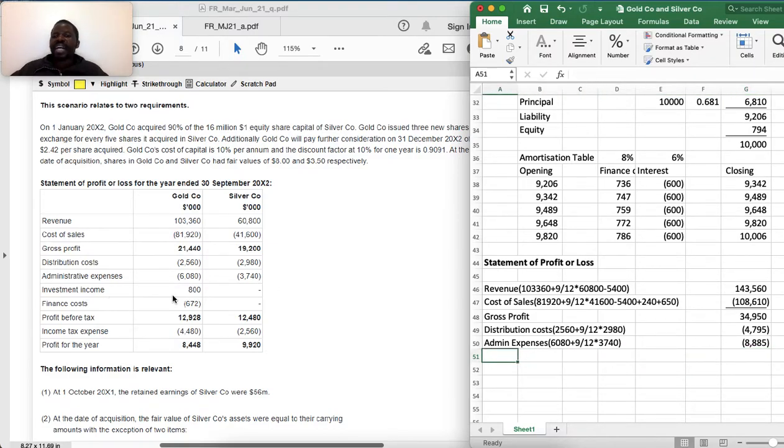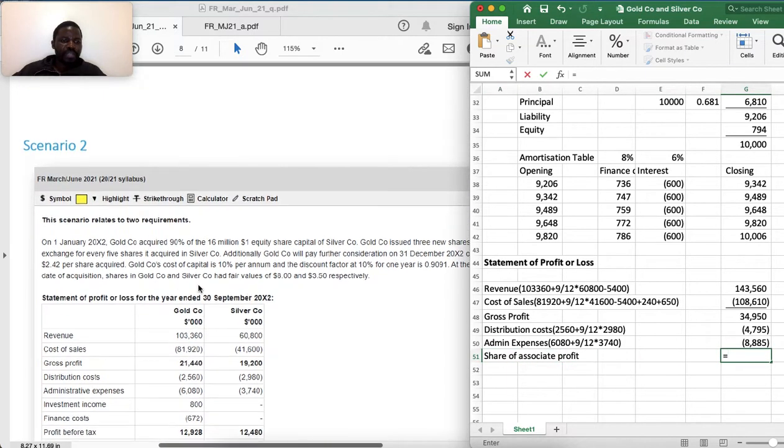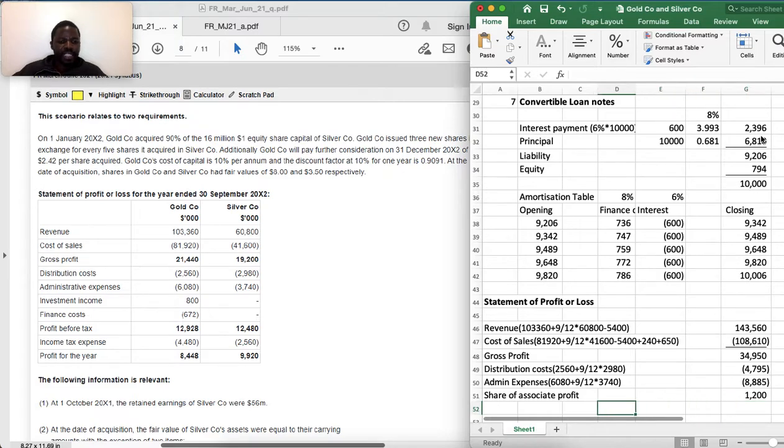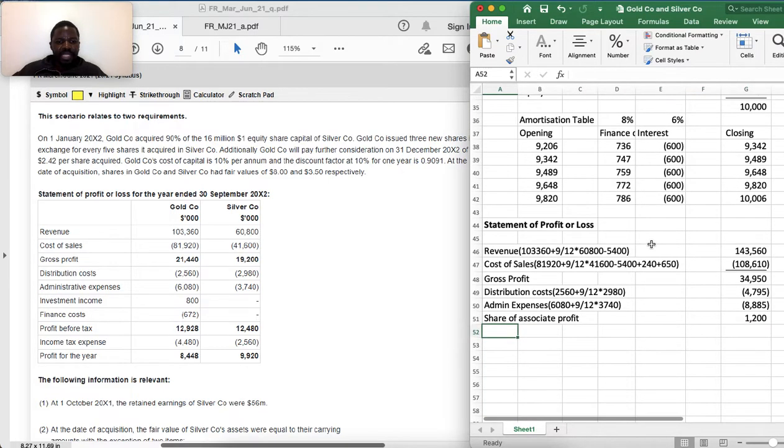Then investment income, we said we are going to reverse this, but substitute with the share of associate profit. Share of associate profit, we have it up here as 1,200. Then finance cost.